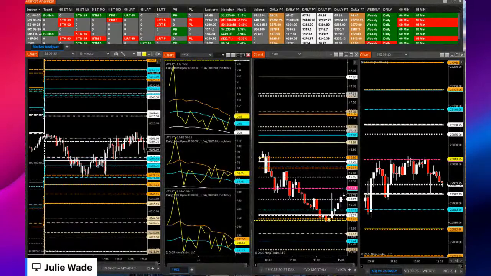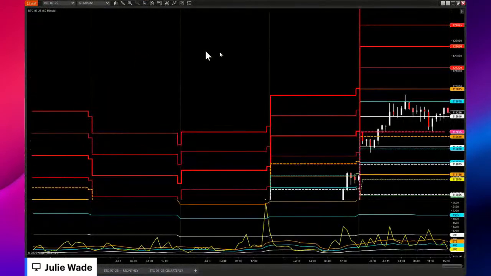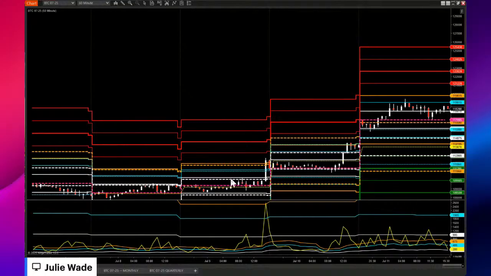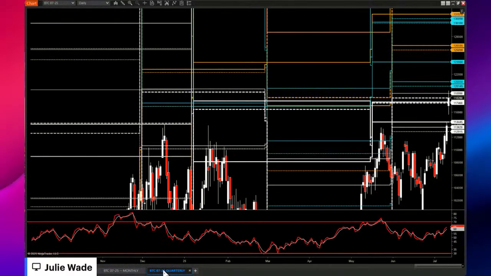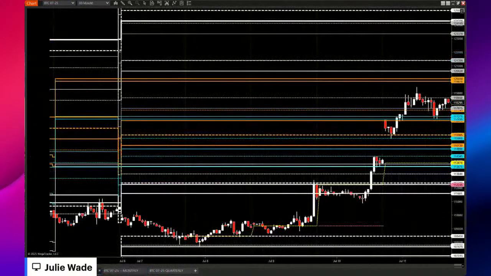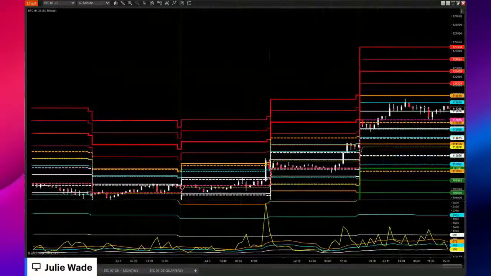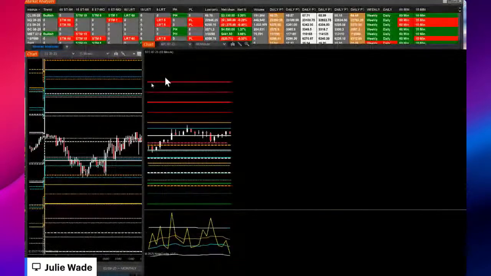And for Bitcoin, it had the big rally yesterday, the day before, and flattened out, which is to be expected after big moves like that, big gap out. And this was a quarterly level. So it is a very bullish market. So I think we have plenty of time to get higher in Bitcoin.